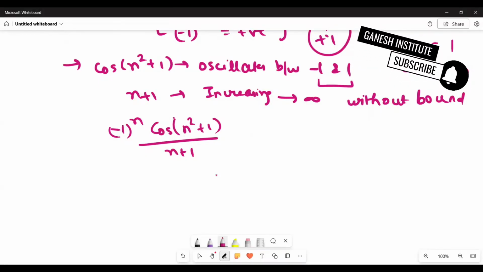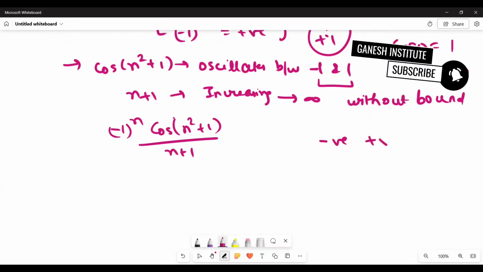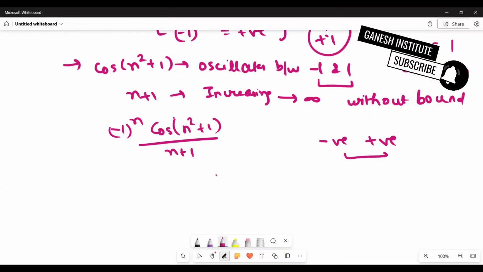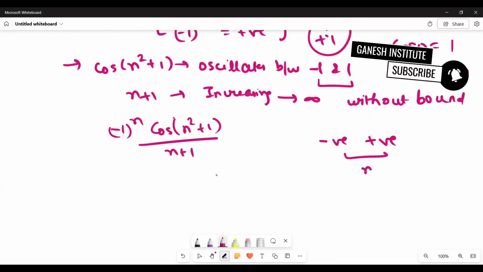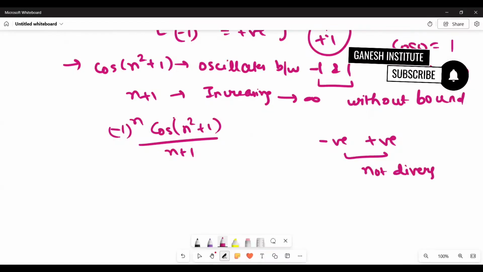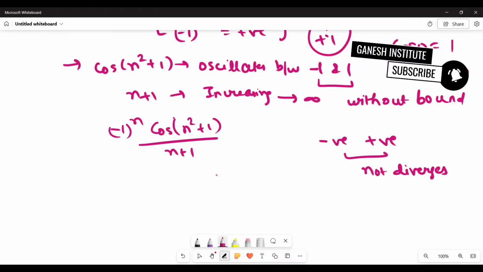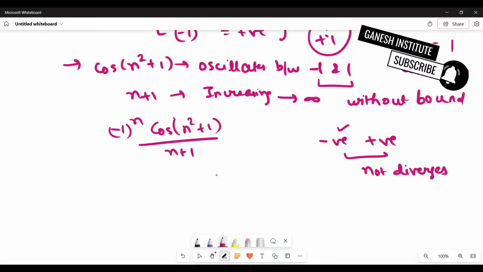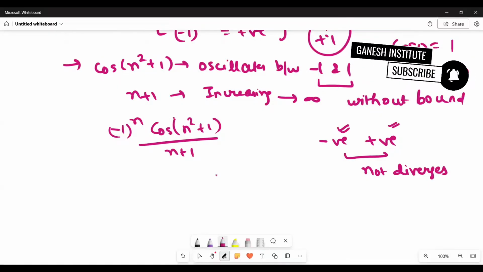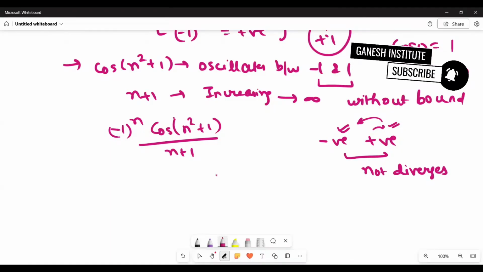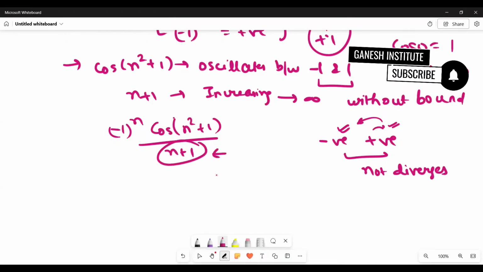So if one time it is negative and another time positive, is it totally increasing? No, it is not diverging then. Are you getting my point? You will write that this sequence does not diverge. Why? Because sometimes we're getting a negative value, sometimes a positive value. So it is restricted to that. Even if it is increasing, it will again move back, and n plus 1 is making it smaller.